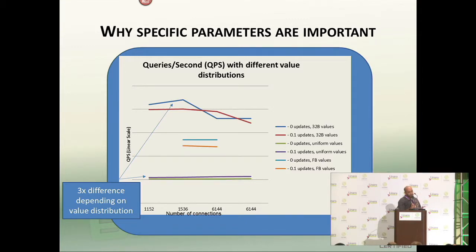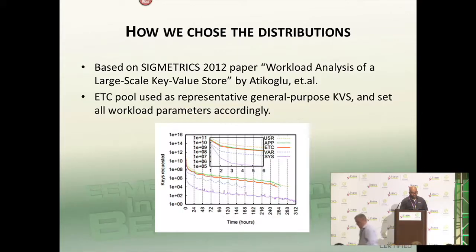So after a lot of debate and a lot of back and forth and a lot of data collection and analysis, we decided to standardize on the number of connections, two different sets of number of connections, and what the update ratio was. And to help us, we relied heavily on this paper that was done in 2012, presented at SIGMETRICS by a bunch of guys at Facebook.